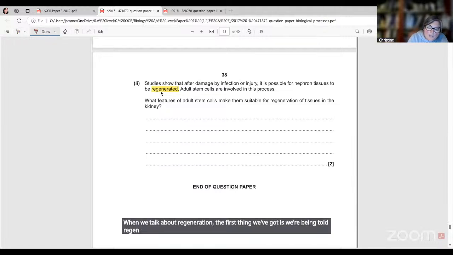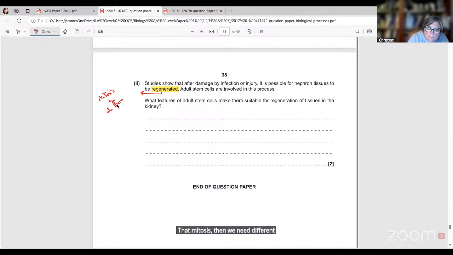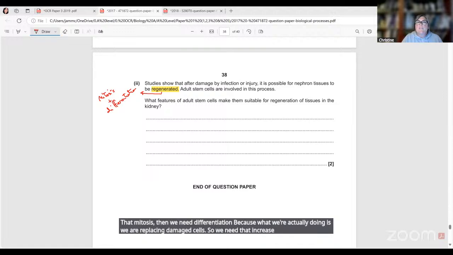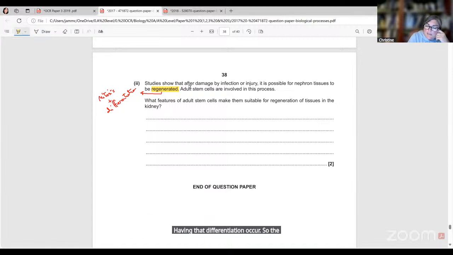For regeneration, we know we're going to have mitosis occur, because what we're actually doing is replacing damaged cells, so we need that increase to occur. And after that, we need to ensure that we have differentiation occur.